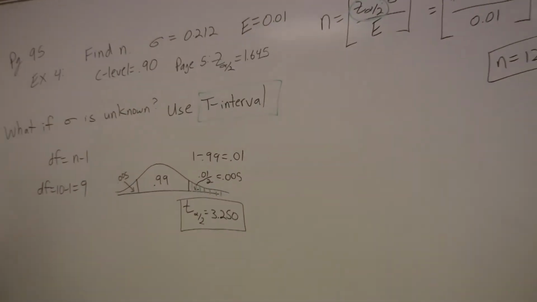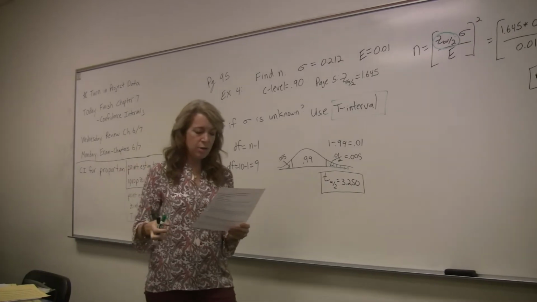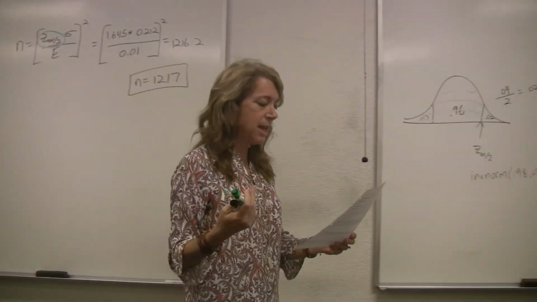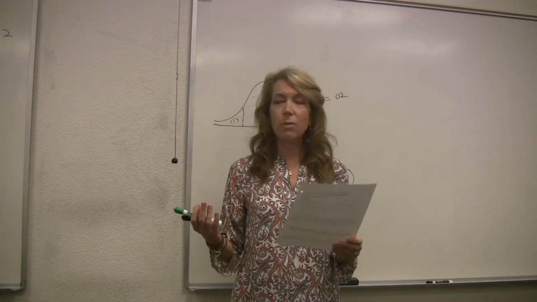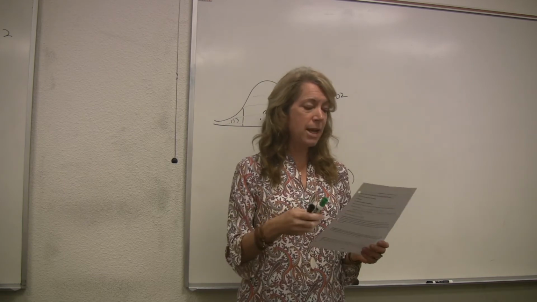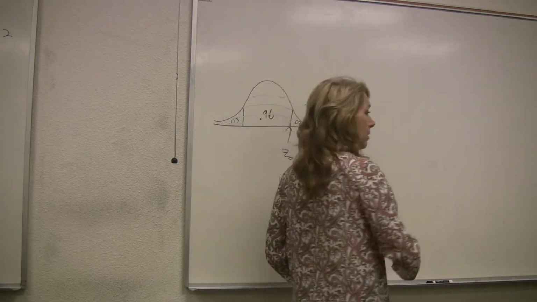So look at example 6. They have 106 body temperatures with a mean of 98.2 degrees and a standard deviation of 0.62. And it starts with what is the best point estimate? What's the point estimate? If you're estimating a mean, X bar.